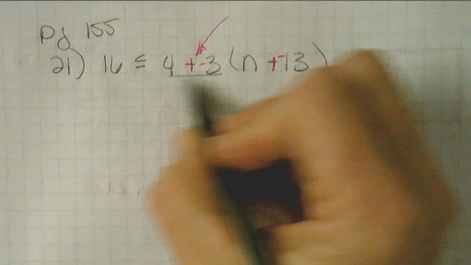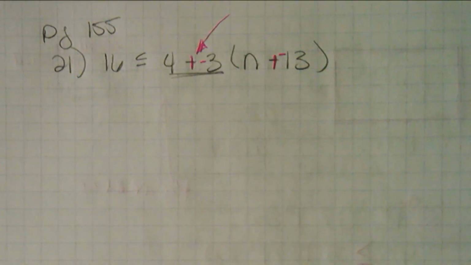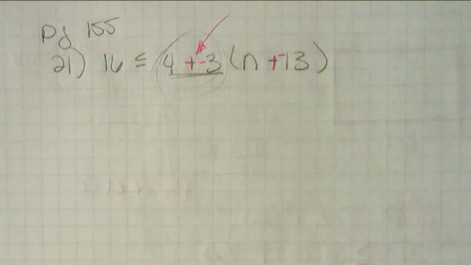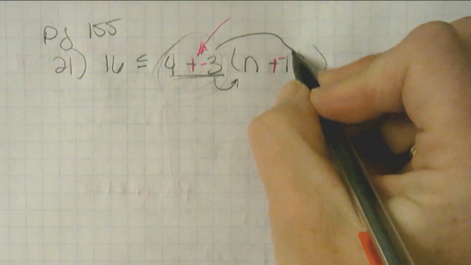Why can't I add those first? Colin? Why do I have to do the distributive property first, Colin? Excellent, that's exactly right. All right, so I cannot add these. I have to do multiplication first. So that's the distributive property first.